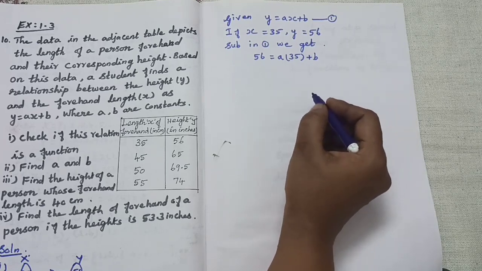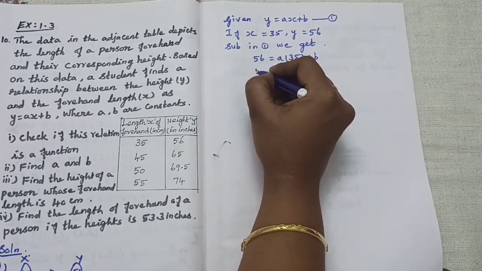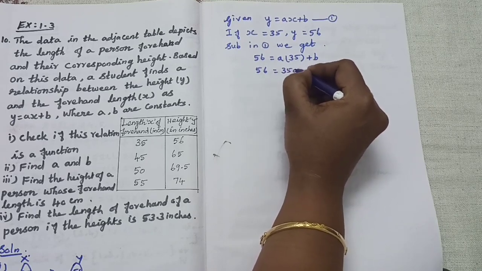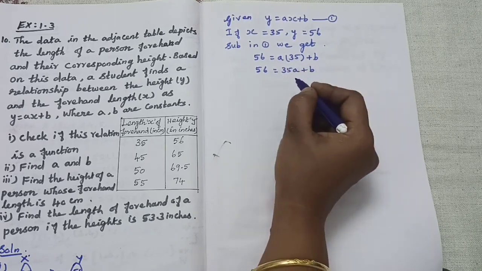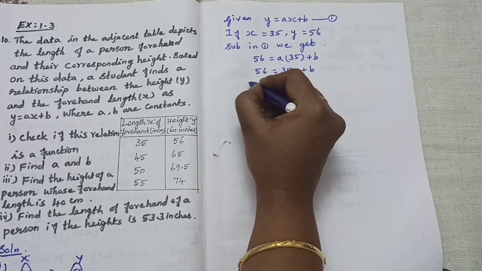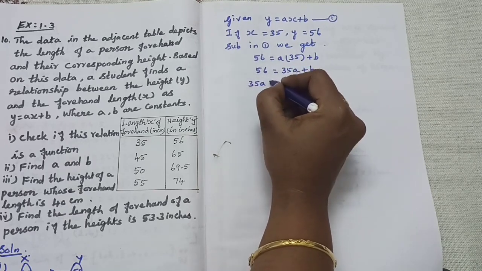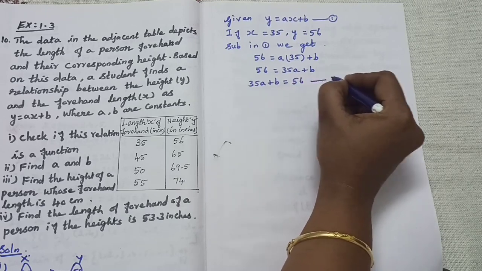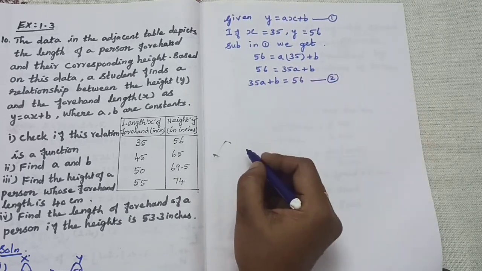So 56 equal to 35a plus b. Then we have to interchange: 35a plus b is equal to 56. This is equation number 2 we have to take.